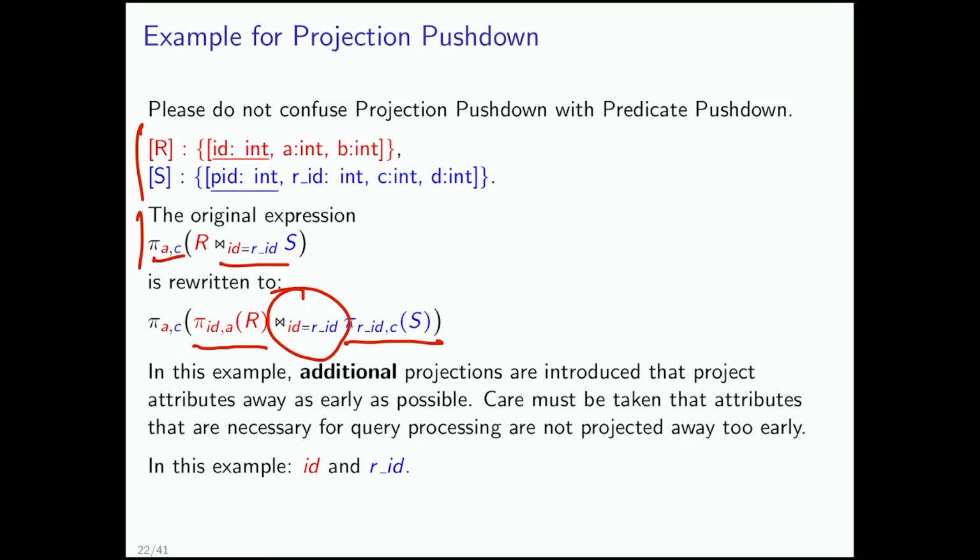So we add additional projections. I'm not touching the final projection of this plan. I'm just adding another projection here and another projection there. So additional projections are introduced that project attributes away as early as possible.